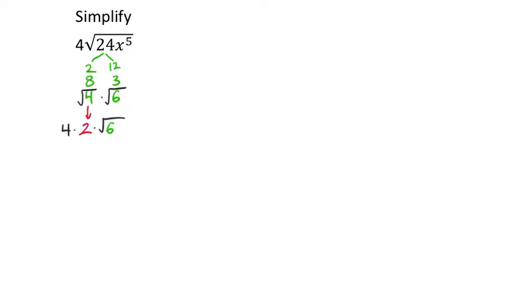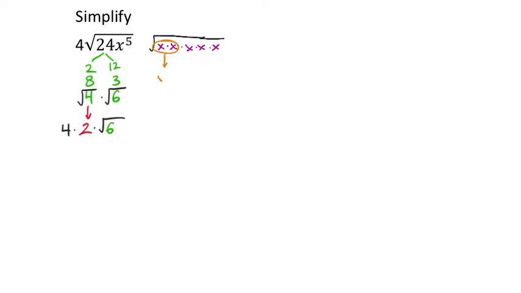But instead of writing this as the square root of x to the power of 5, I'm going to write this as x times x times x times x times x. The reason I'm doing that is because now I'm looking for the prime factors, I'm looking for factor pairs that match because they would be perfect squares, such as these two x's.